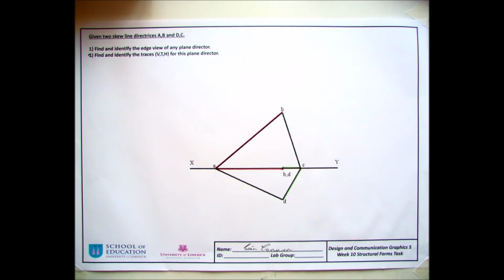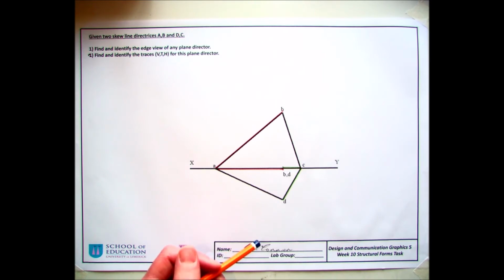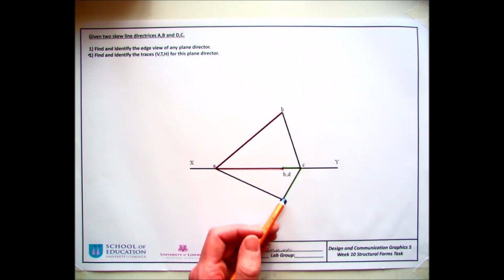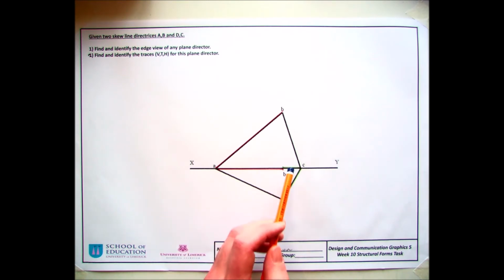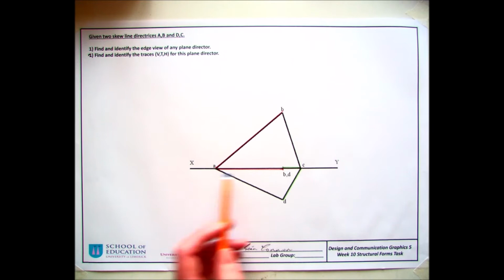So if we first read the question up the top left: given two skewed lines, directrix AB and DC. As you can see here, it's AB in elevation and CD in elevation, and then below here in plan you have A to B and then C to D. Now what gets confusing here is the placement of the points when they're on the XY line.